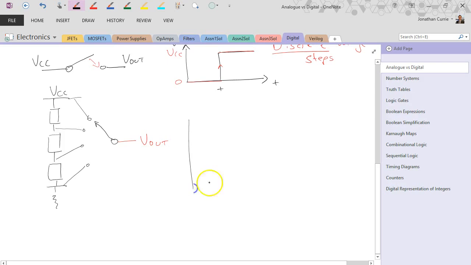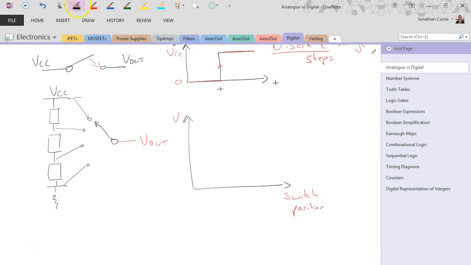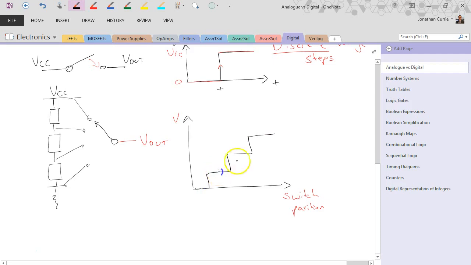Once again, we have a whole series of discrete steps. So output voltage, this time versus switch position. We've got 4 switch positions, which gives us 4 discrete values of voltage output, 1 to 4. Once again noting discrete voltage levels, with discontinuities between them.